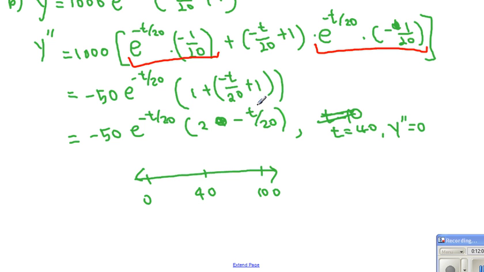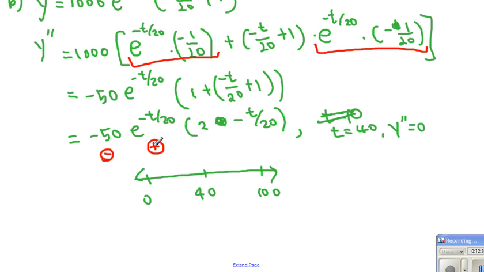But since this portion is always negative, and this portion will always be positive. Now, here, when we plug in values less than 40, for example 10, then you will realize that this portion will be positive.